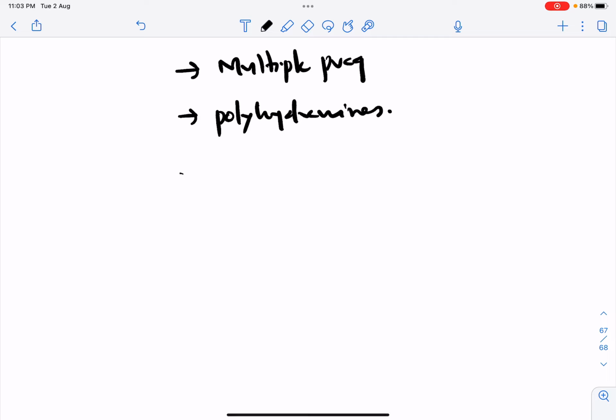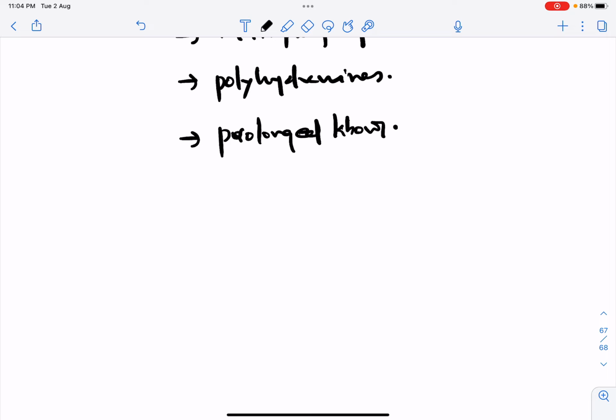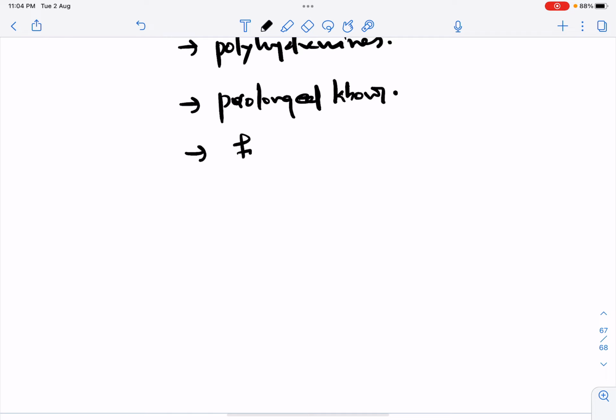Other factors are prolonged labor, a concomitant fibroid uterus, and multiparity. All these factors will contribute to atony.